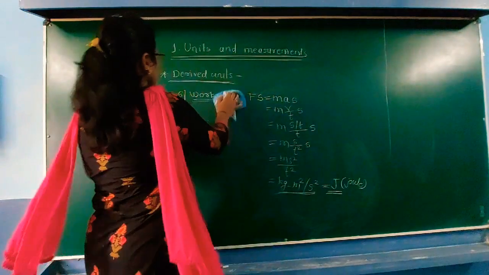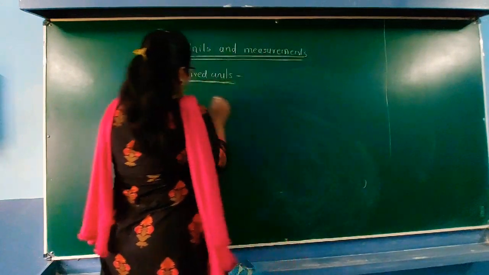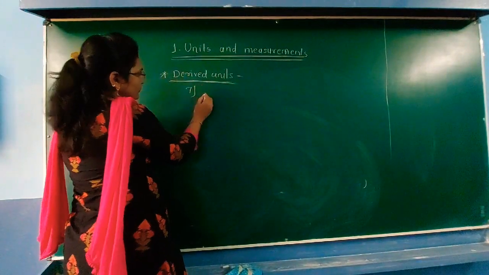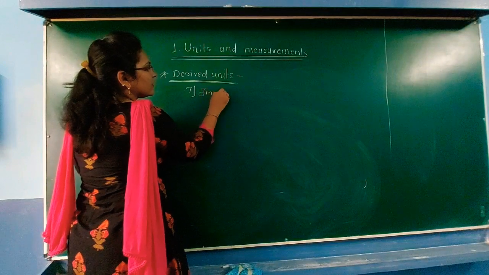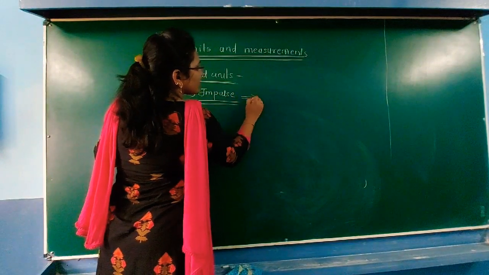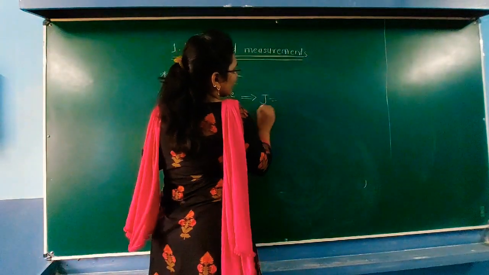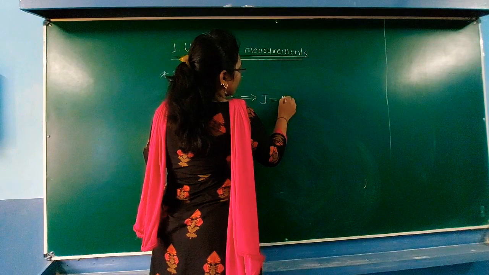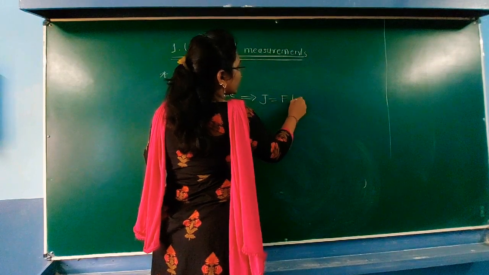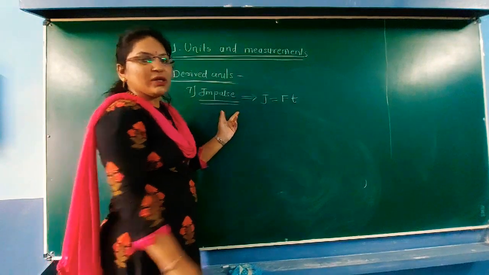Okay, then the 7th physical quantity we will see here: impulse. Impulse has symbol J. Impulse is equal to force into time.